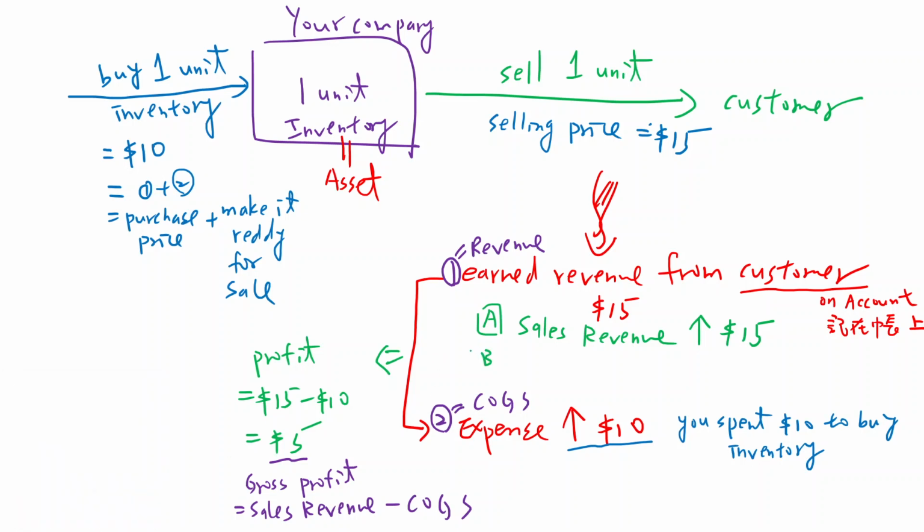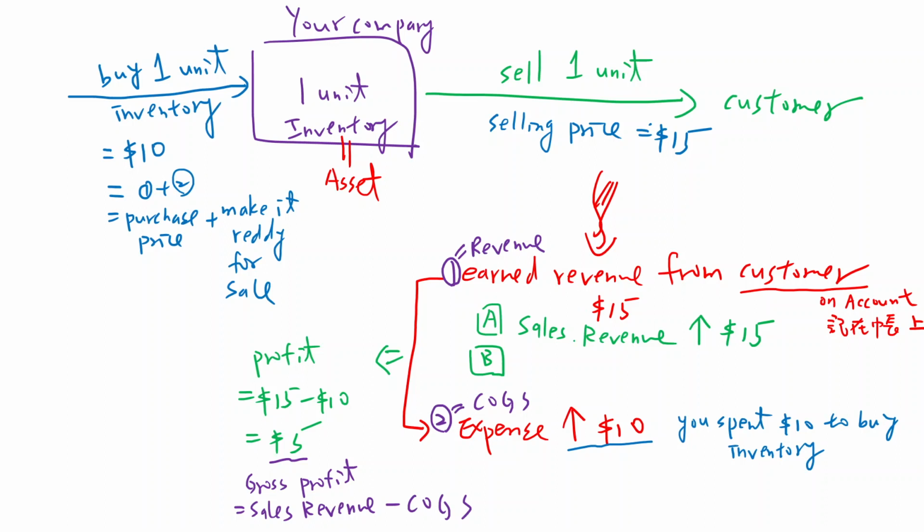So what's the second effect we have? I earn the revenues from customers, but customer didn't pay it. So what's the second effect? Customer owe you money. So which account do we use? Accounts receivable increased $15, right?